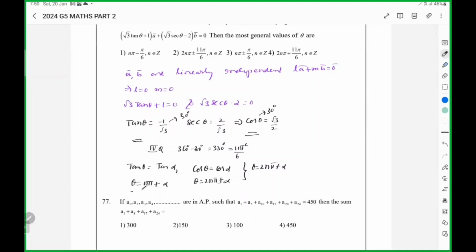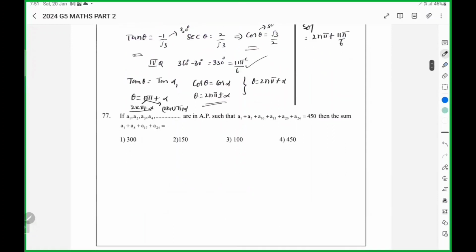Take n as even, you get 2k pi plus alpha. N as odd, the common part is 2n pi plus alpha. So the final solution is 2n pi, where that common angle is 11 pi by 6. Right? This is the answer for this.